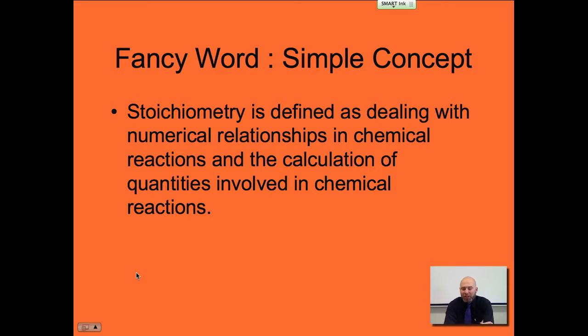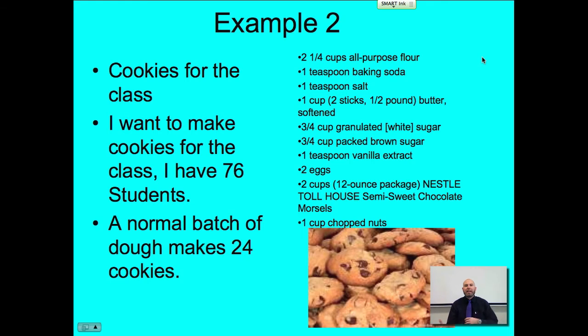Again, it's a fancy word, simple concept, defined as dealing with numerical relationships in chemical reactions and the calculation of quantities. So again, another example. If I want to make cookies for the class and I have 76 total students, a normal batch of dough makes 24 cookies. How many batches would I have to make? Well, again, we can kind of think of it.